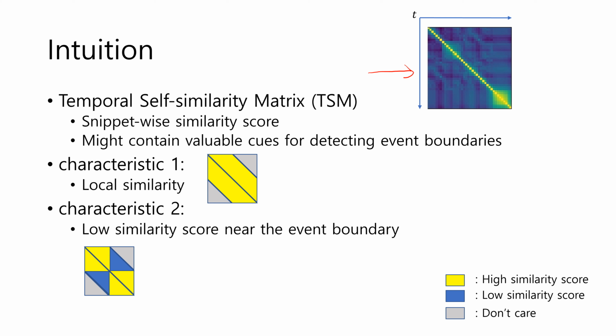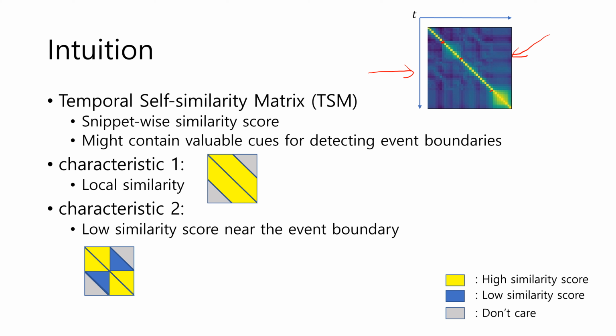So, now imagine the situation that the TSM of a certain video is given. Can you detect event boundaries from that? Probably yes, because we can observe some informative cues from the given TSM. Okay, let's see this TSM. The boundaries should be like here and here and maybe here. So what information did I exploit?